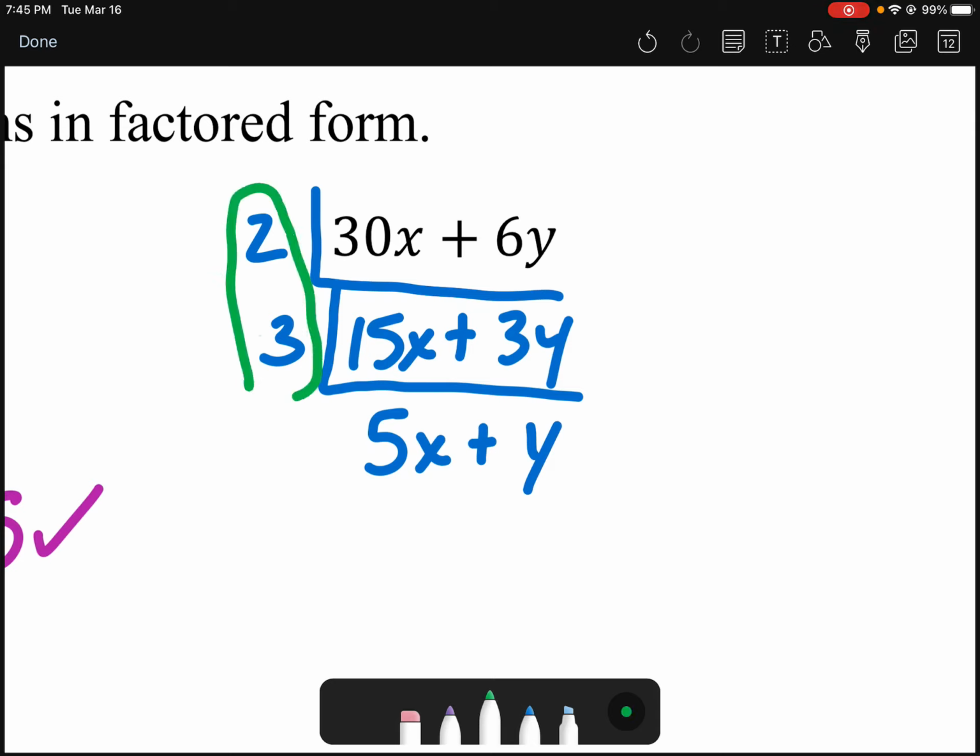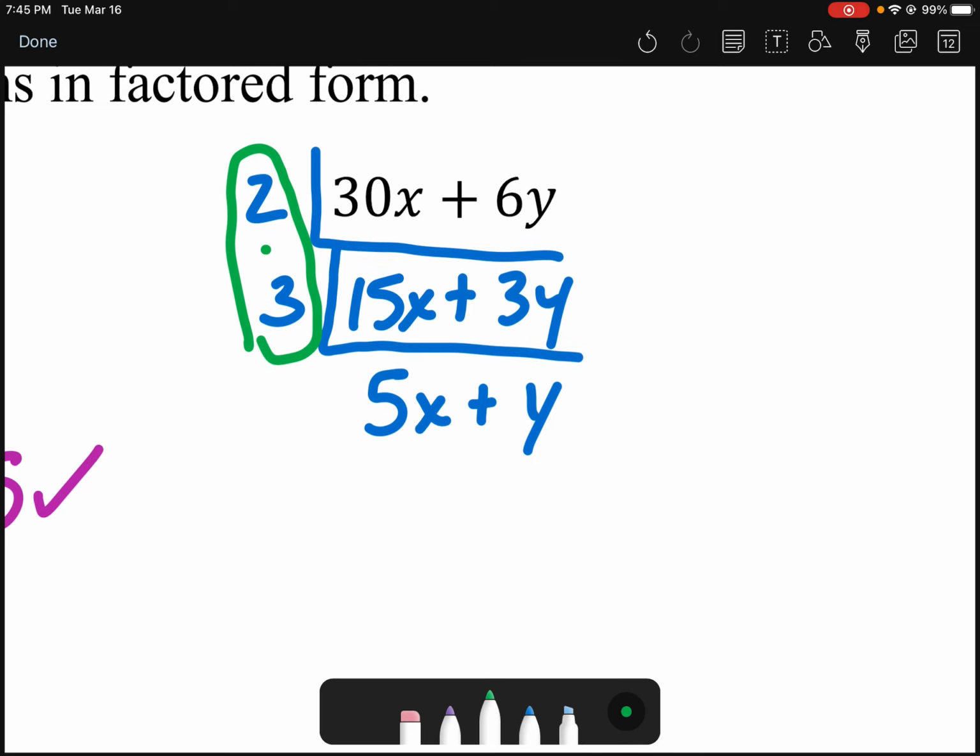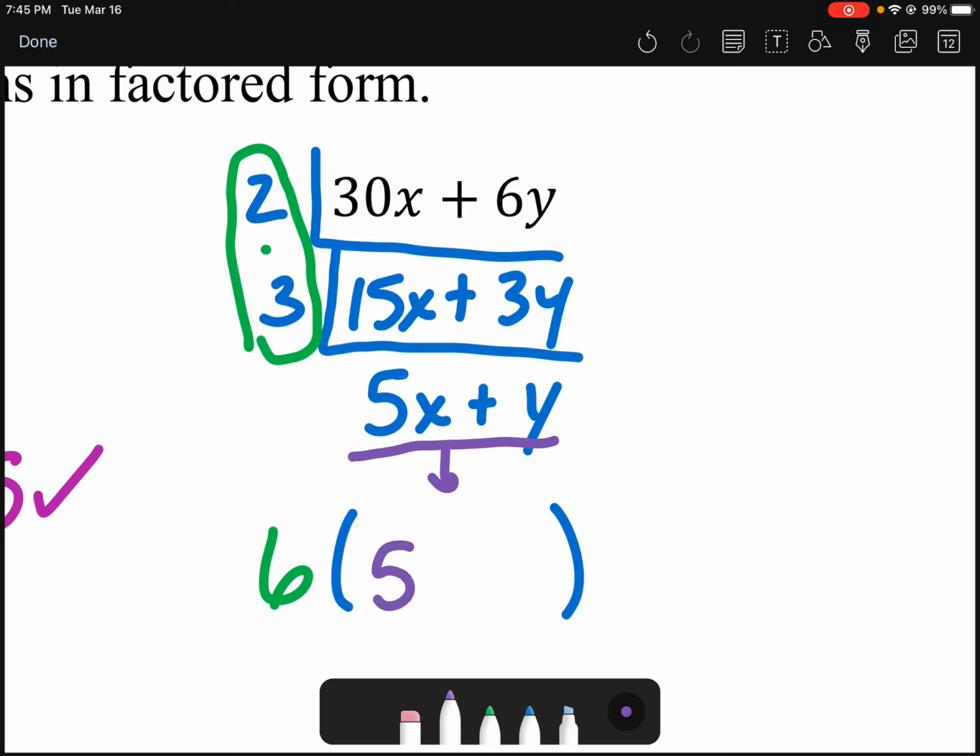So again, I'm going to take these numbers out here and multiply them together. So 2 times 3 is 6. I'll bring out my parentheses. And I'm going to take this guy and put him right here inside the parentheses. So my final answer is 6 parentheses 5x plus y.